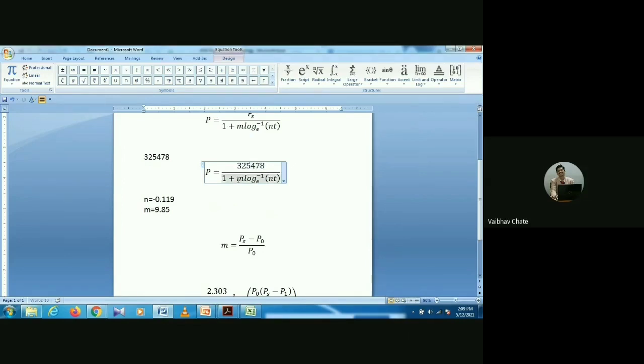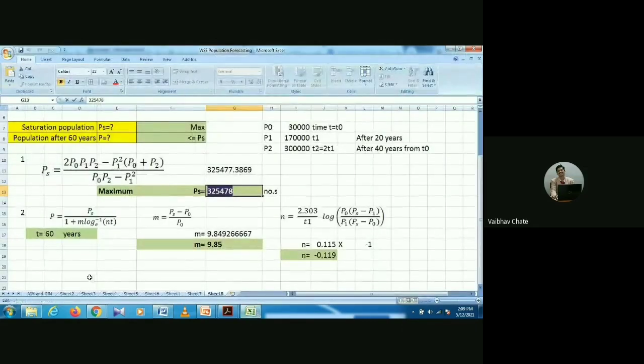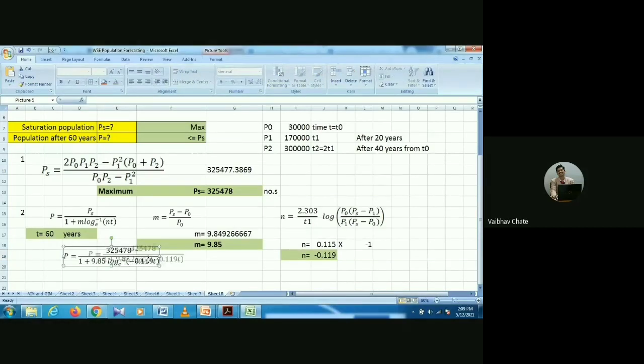Instead of writing m, I'll just write it as 9.85 times log to the base e inverse of minus 0.119. Okay, this is the logistic curve that we have developed by determining the values and substituting them.